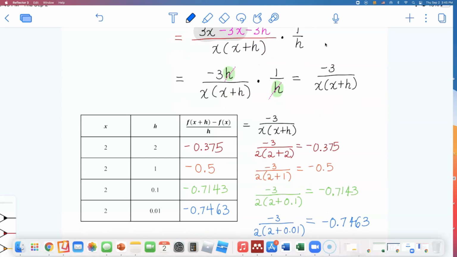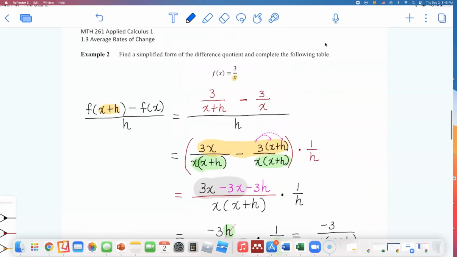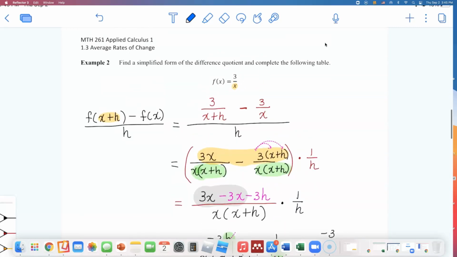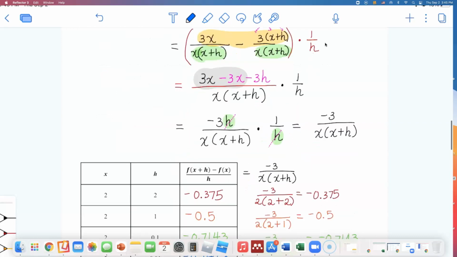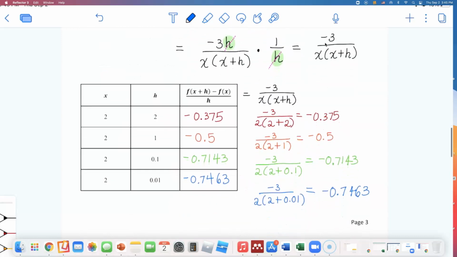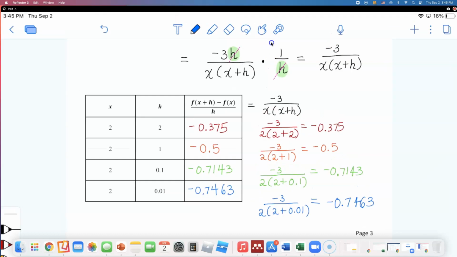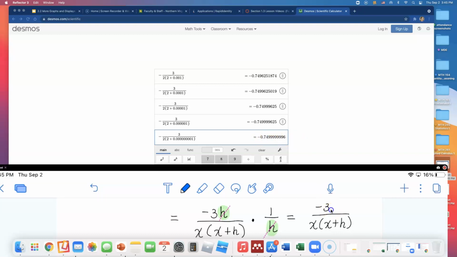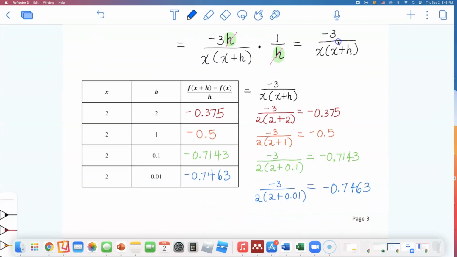I think we will most likely work with polynomial functions when we do derivatives, but I will remember to use this example to connect it, because I had fun with this example, the algebra piece, and plugging in a whole bunch of different h values to figure out that the simplified difference quotient was approaching a number, and I think that number is negative 0.75, right? But what does that mean?